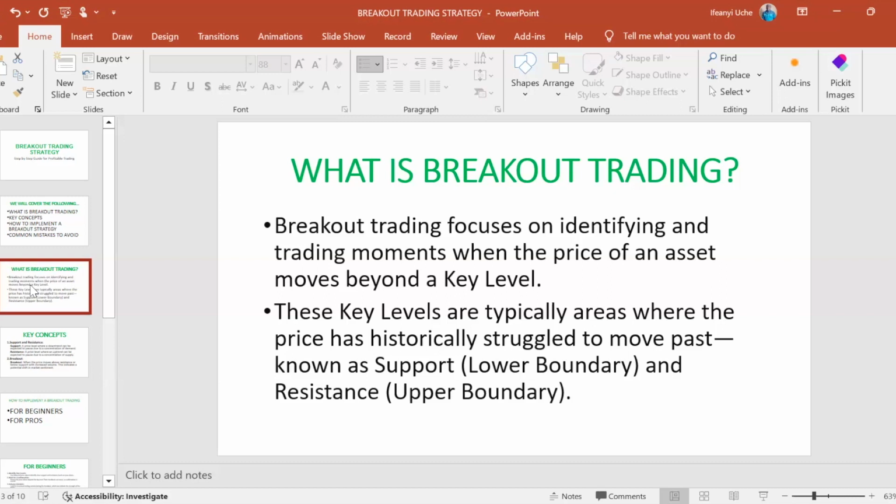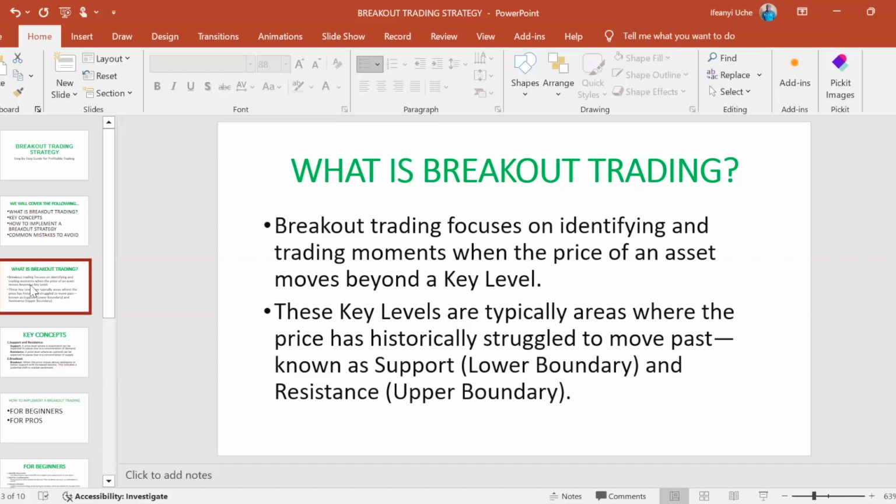Those can begin to serve as key levels for today. So for us to use the breakout strategy, we beam our searchlight on these price points where, historically, price in the market encountered some barriers.